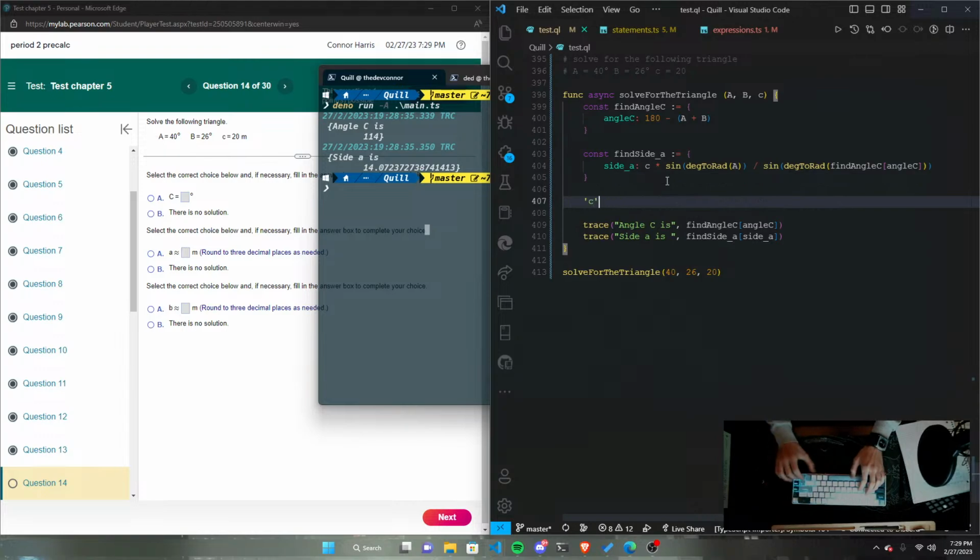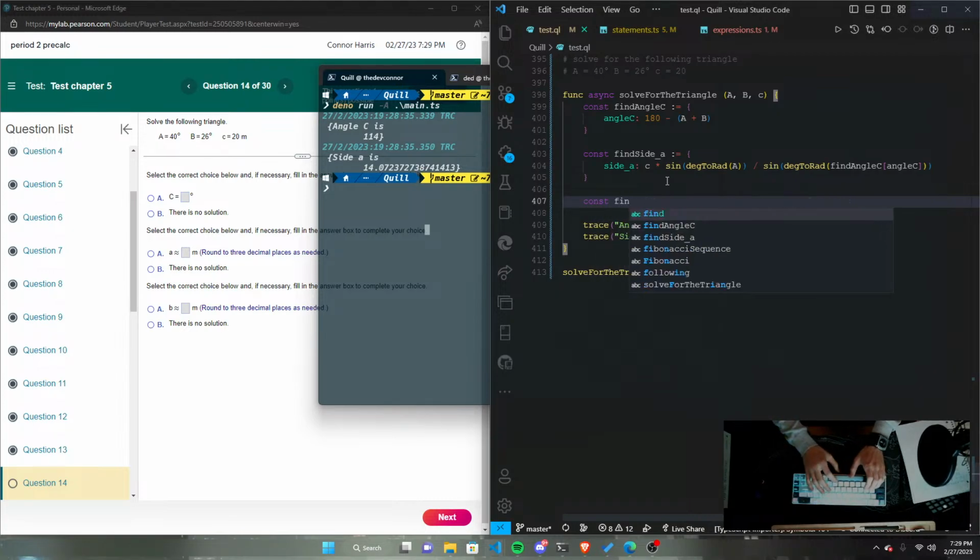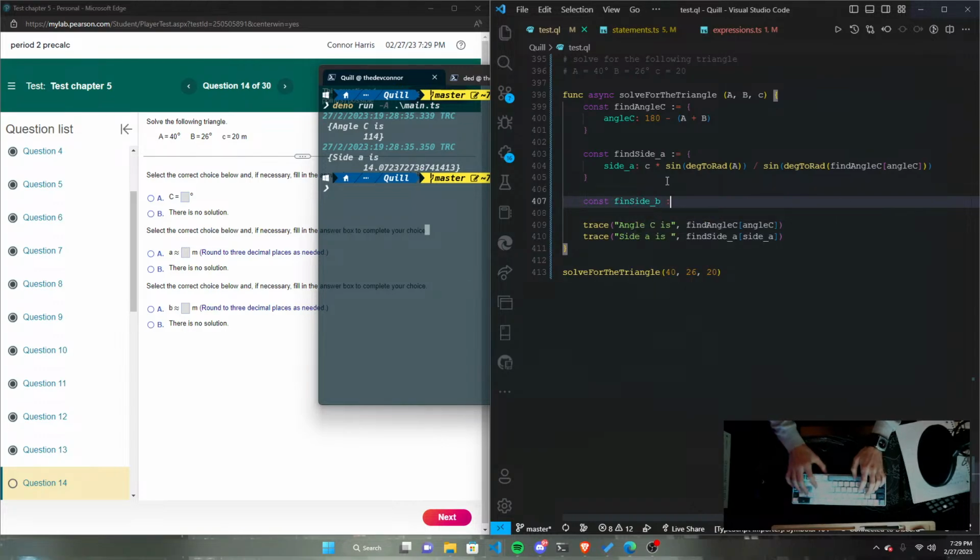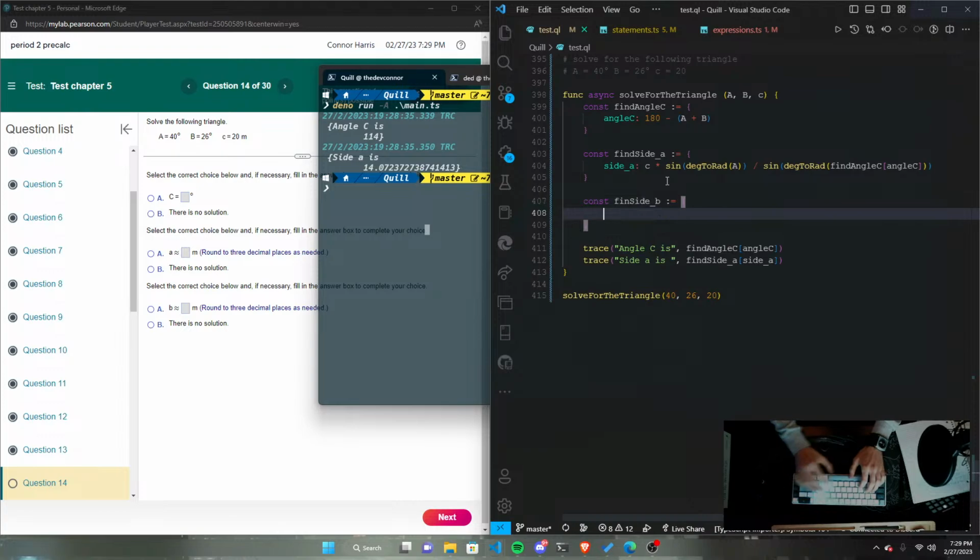Actually, we don't need to put these as a const. We could just have them as something else, but it's just easier. Const, find side of B, side underscore B, is going to be equal to the side of A, so, right?